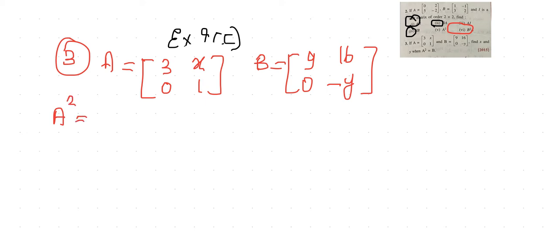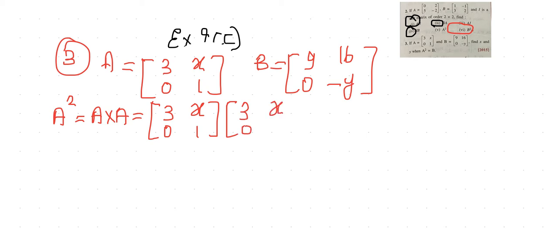A square is equal to a into a. When you multiply both of them, you get 3, 0, x, 1 into 3, 0, x, 1.